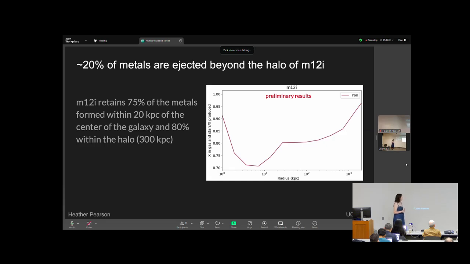You can also see that if we go out to about 20 kpc, a little over 75% of the metals are retained, and if you go out to 300 kpc, about 80% of the metals are retained, meaning that about 20% of the metals are ejected beyond 300 kpc.